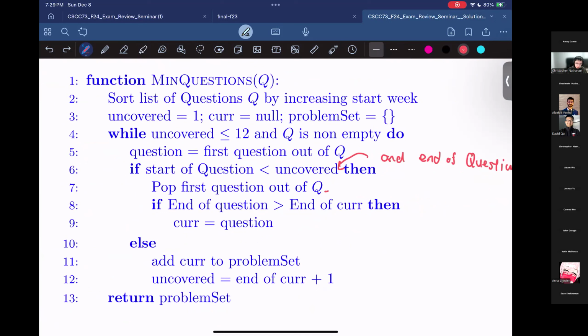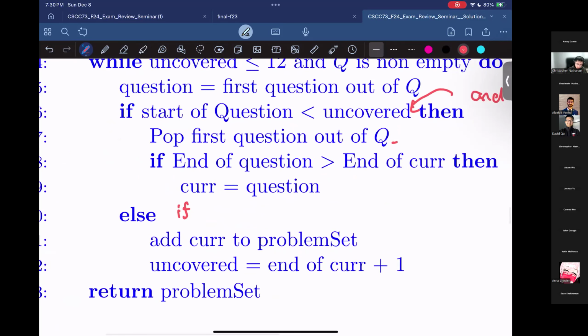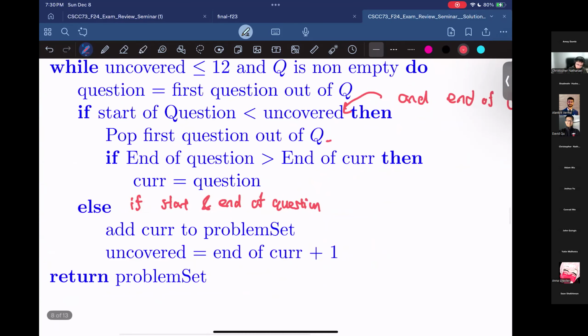Else, if we've reached the point where it no longer covers our question, else if the start of question is more than uncovered, that means we've exhausted all the possible questions to cover this week.